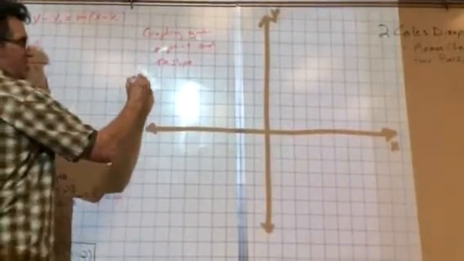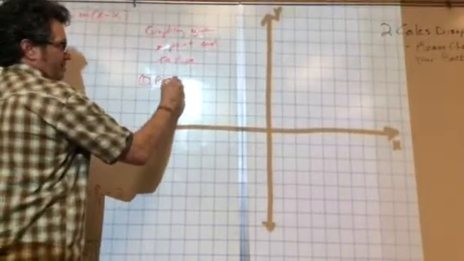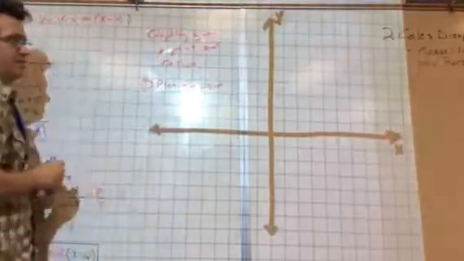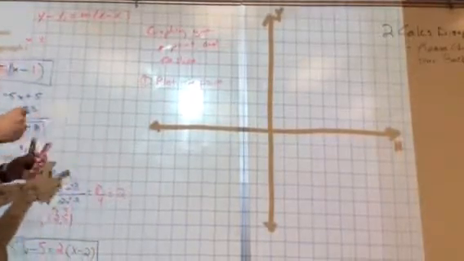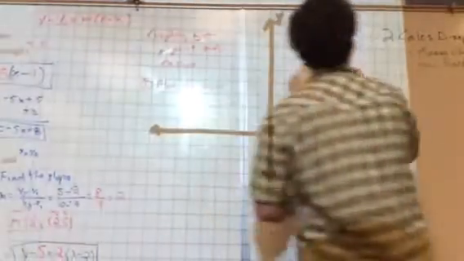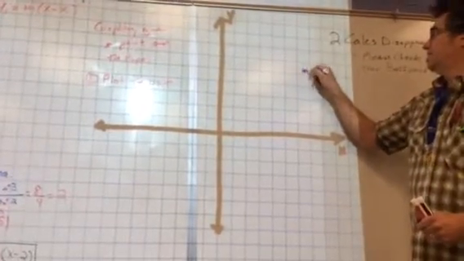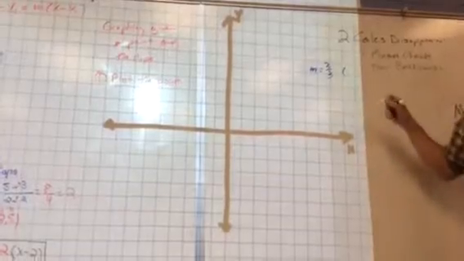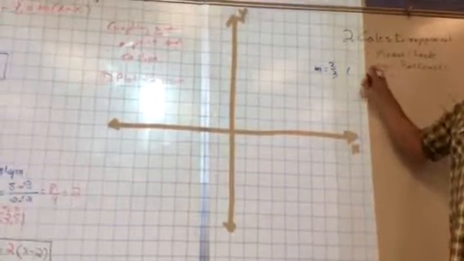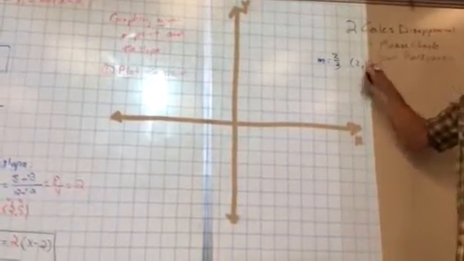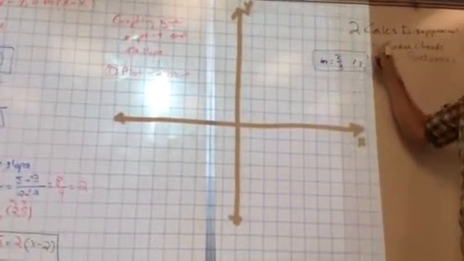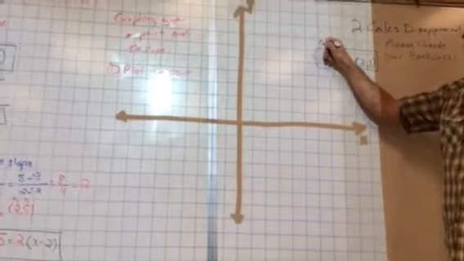The very first thing you do is plot the point. And so I'm going to go ahead and give you that the slope m is going to equal 2/3, and I'm going to give you the point 2, 1. And I want you to graph this. Graph the line that goes through those points.